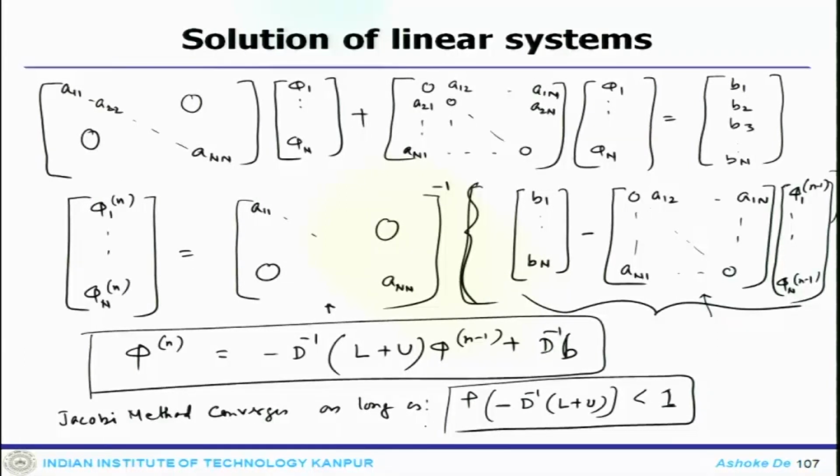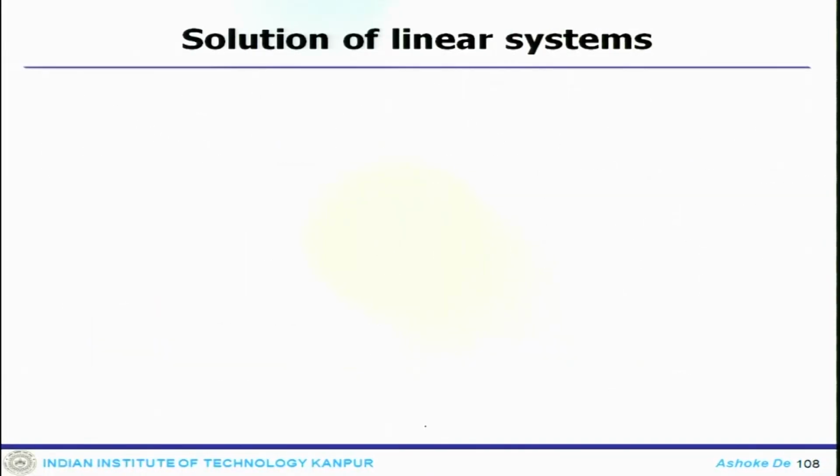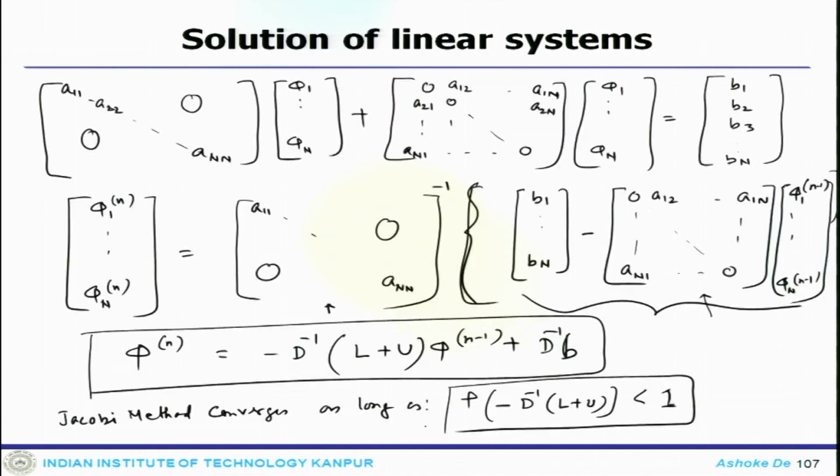This is the condition for a large class of matrices, including diagonally dominant ones, whose coefficients actually satisfy that. They need to satisfy this condition: the summation over j from 1 to n, j not equal to i, of the absolute value of a i j is less than or equal to a i i, where i goes from 1 to n. This is the condition that has to be satisfied.